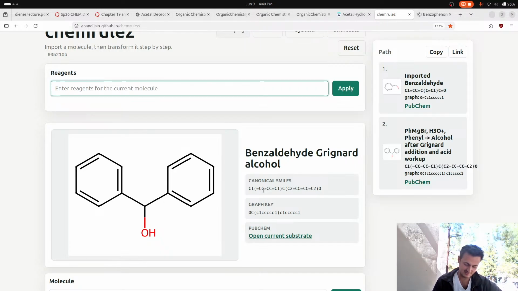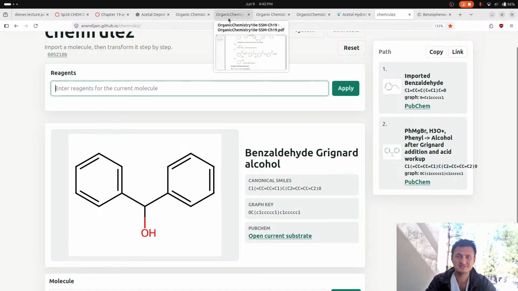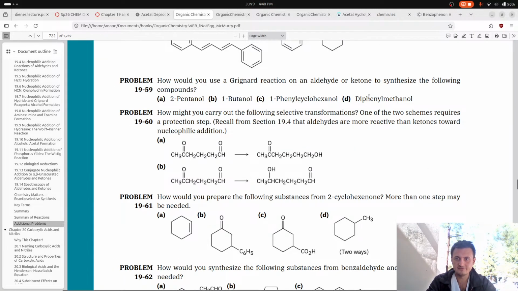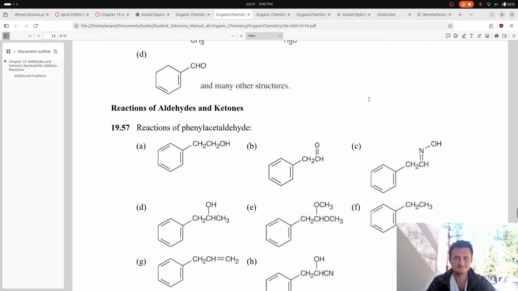So you start with benzaldehyde plus phenyl MgBr. That's what it is. Is that all of them? Okay, I just don't know C. So 59.